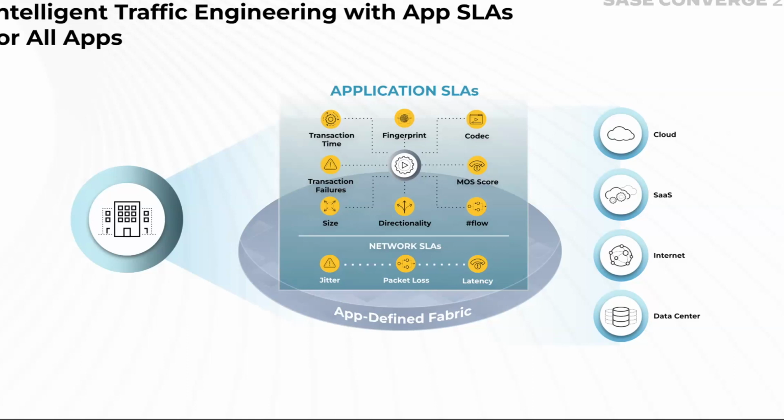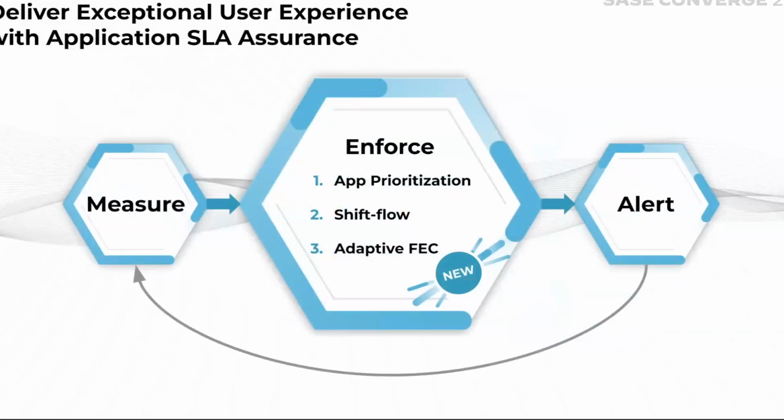In addition to the basic things that you would expect, that were more network SLA oriented around jitter, packet loss, and latency. So all those things we analyze and capture, and then we can use those for both visibility and reporting, but also to feed back into path selection. And that's where this new policy model comes into play, where we, of course, identify the application and measure all of its different parameters.